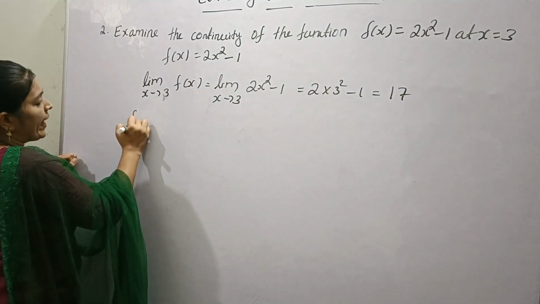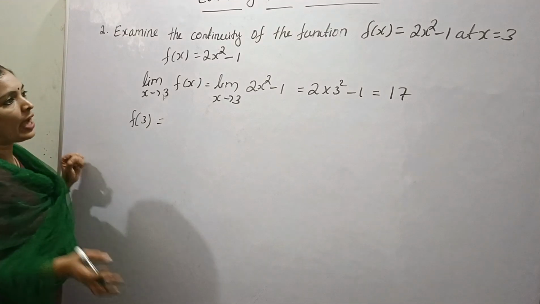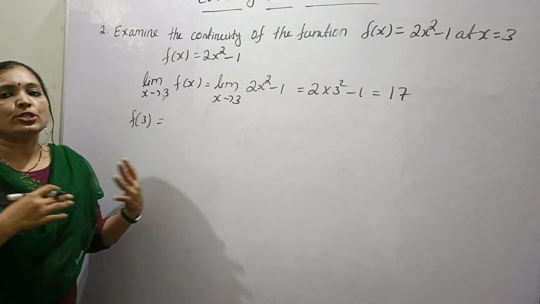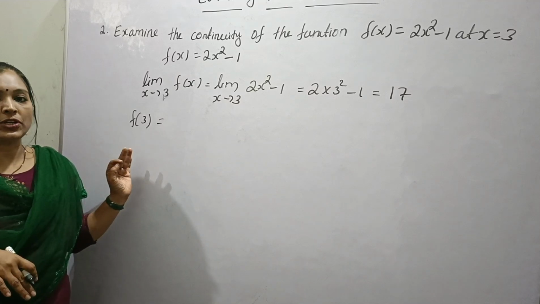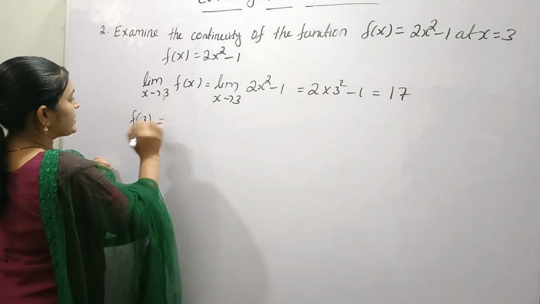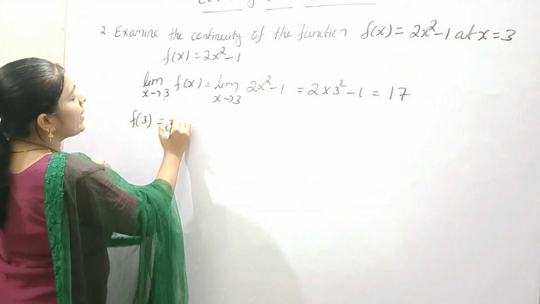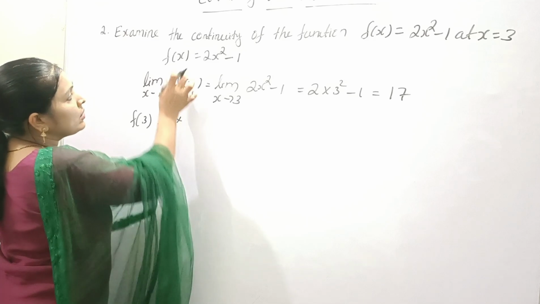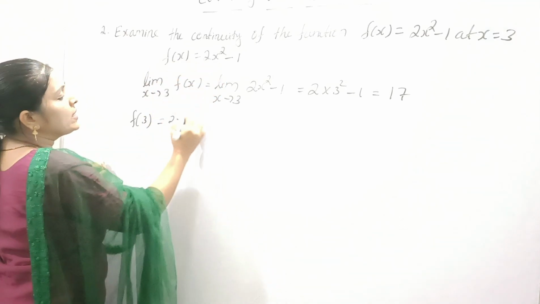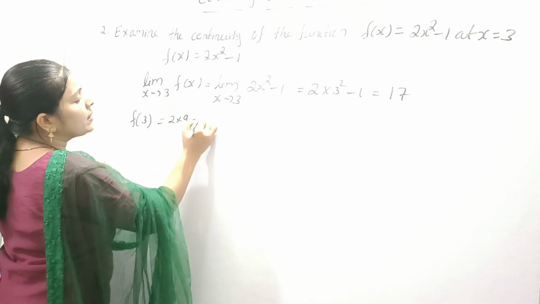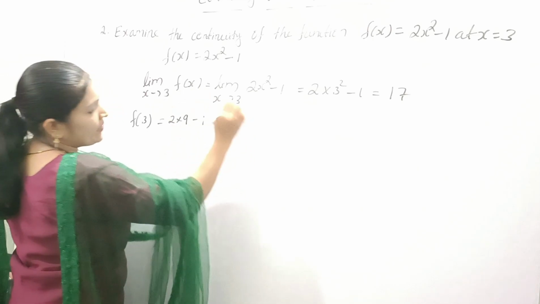Next let's find f of 3. We have to prove limit x tends to 3, f of x is equal to f of 3 for a continuous function. Let's check. f of 3 is 2 into, f of x is this one, substitute x is equal to 3, so 2 into 3 square 9 minus 1, that is 17.